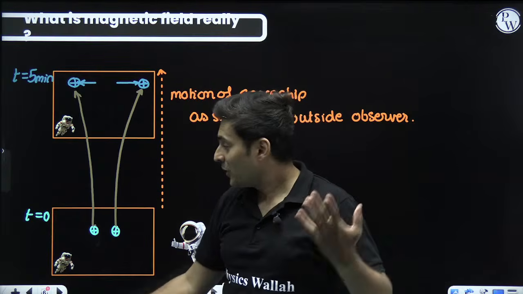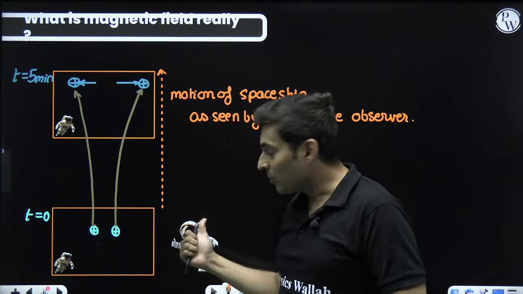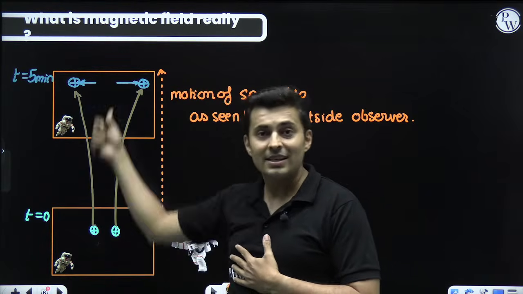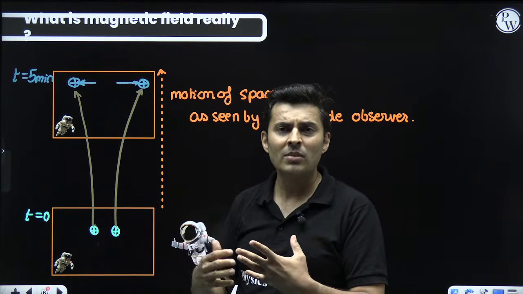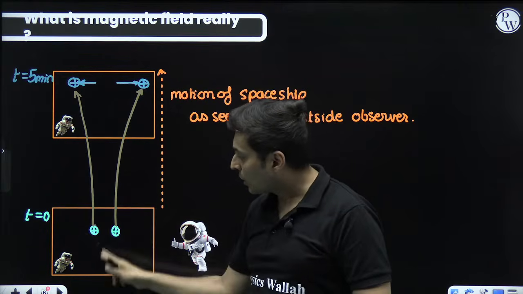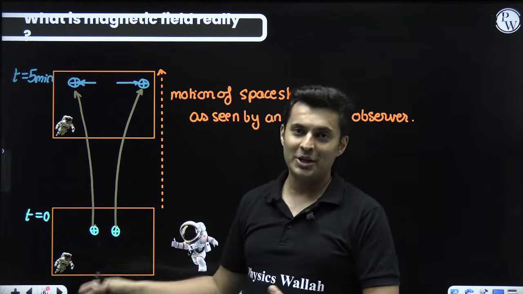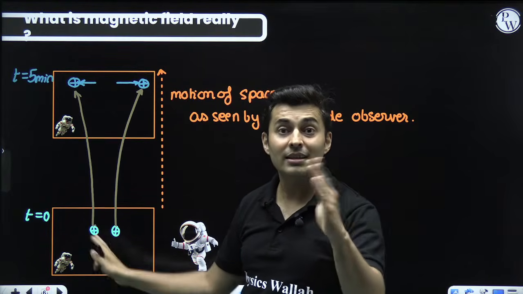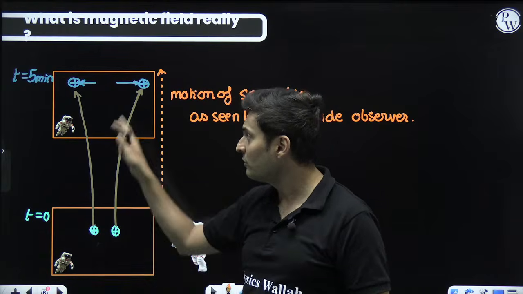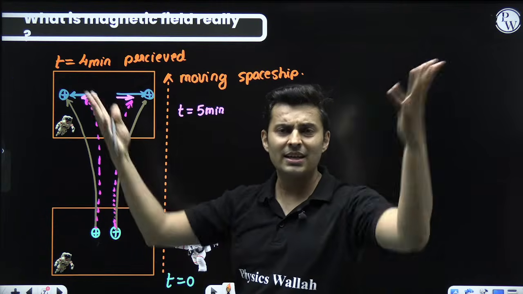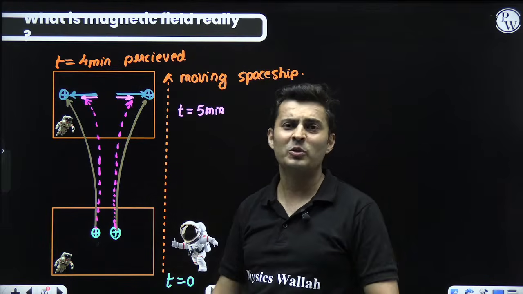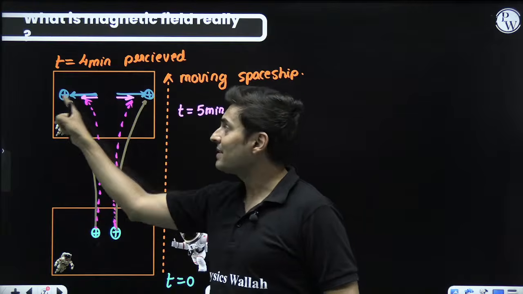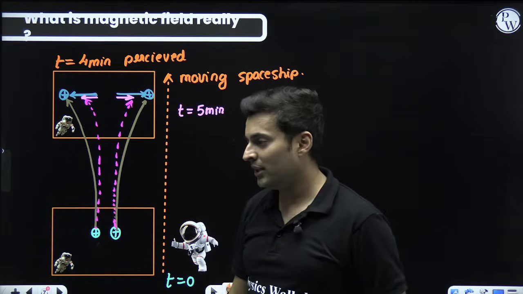So understand that this observer feels that 5 minutes are over for him, but if he looks at the clock in the spaceship's frame of reference, he will feel it has moved only 4 minutes. So obviously in 4 minutes, he will think it has moved only so much. It can't move or repel and cover the distance as expected. Getting my point?